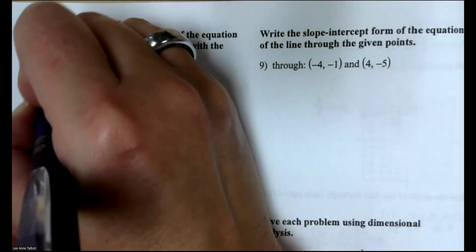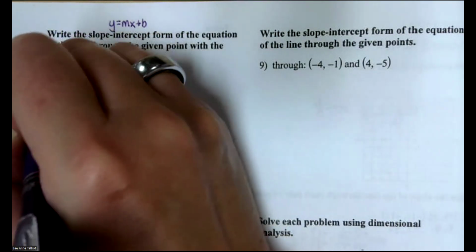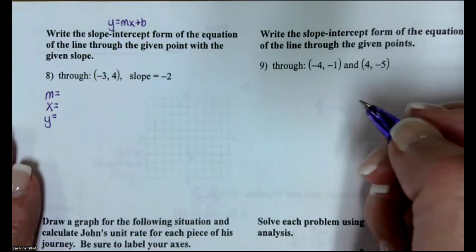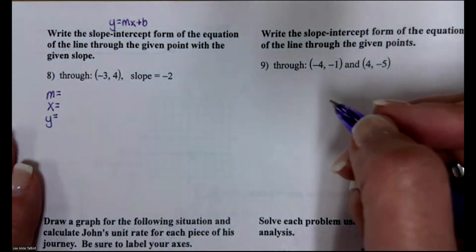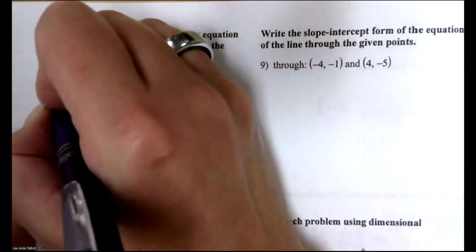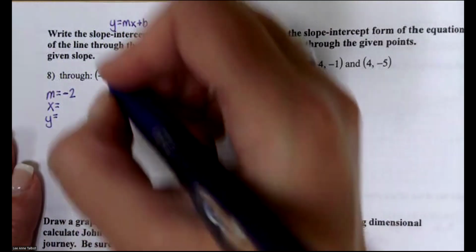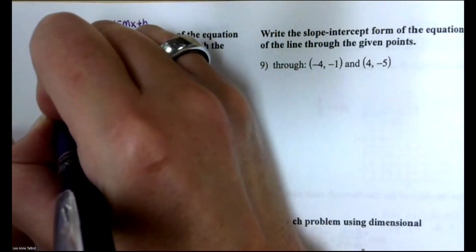Okay, so m equals, x equals, y equals. M is the slope. X is the x of the coordinate.